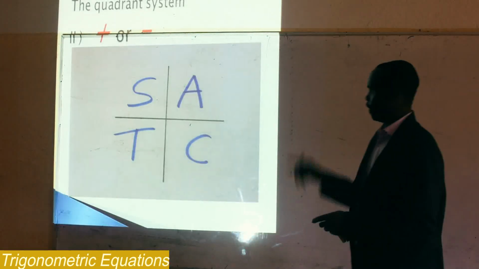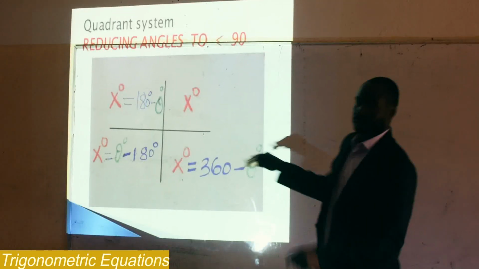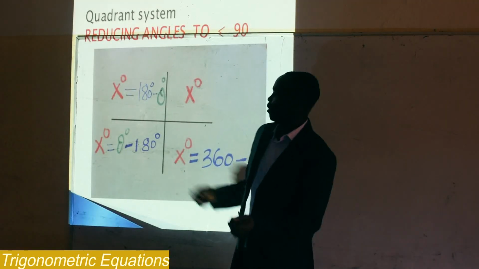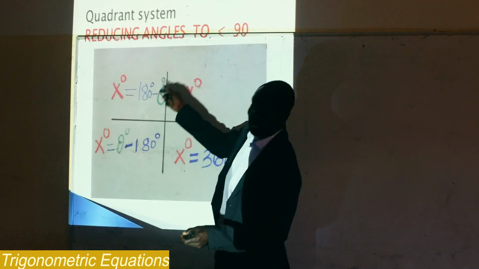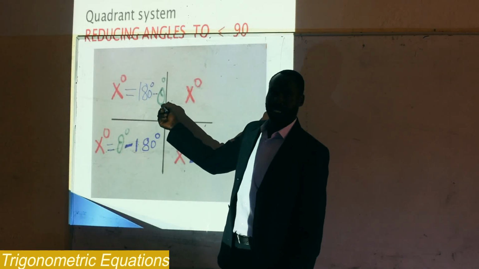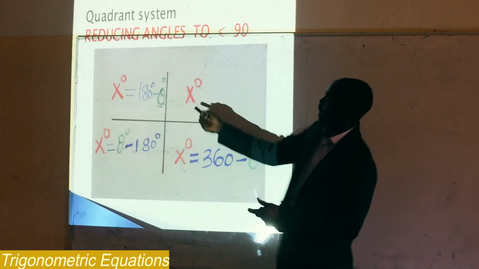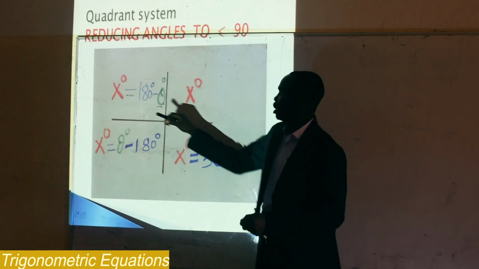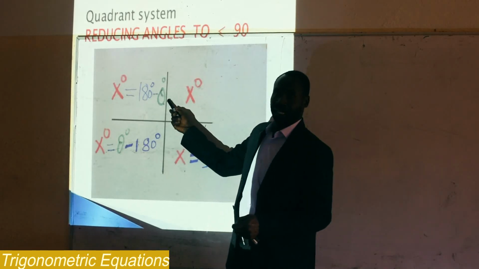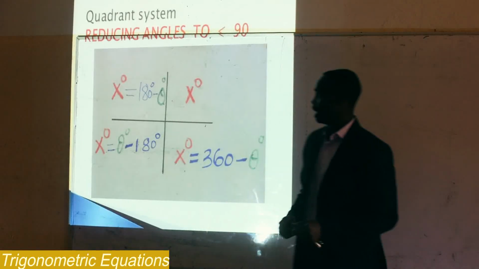Here the angles are less than 90. If you have an angle theta here, for example, 120, and you want to reduce it such that you can read it from our tables, less than 90, you use 180 degrees minus the angle given, 120, so that you can read it from our math tables.